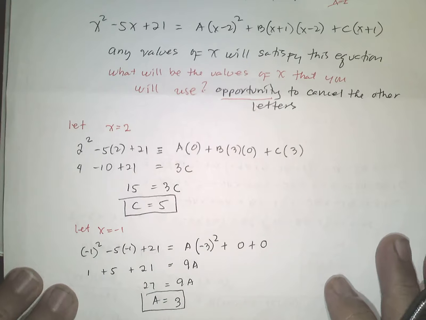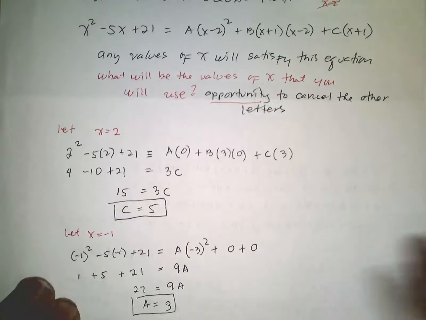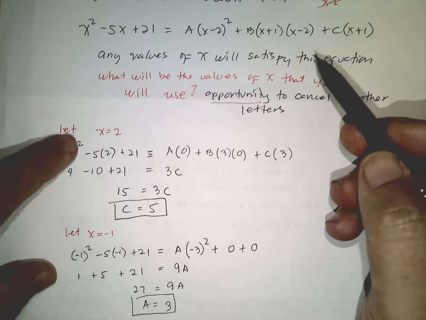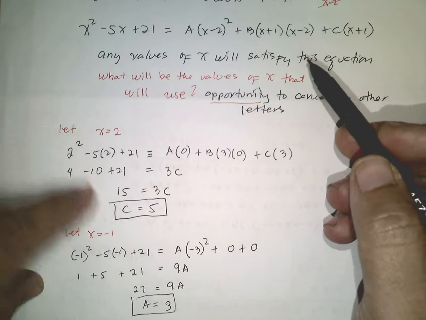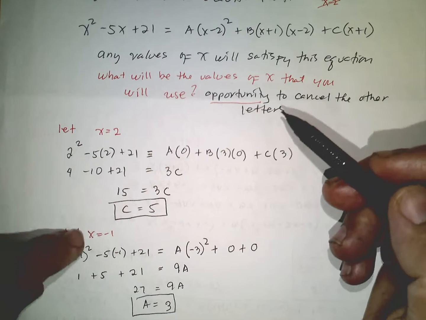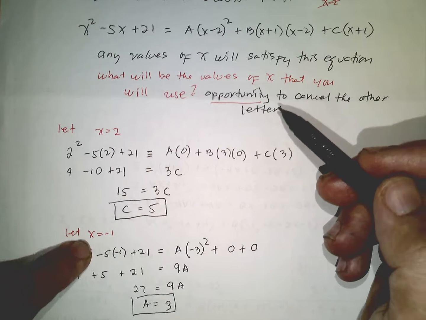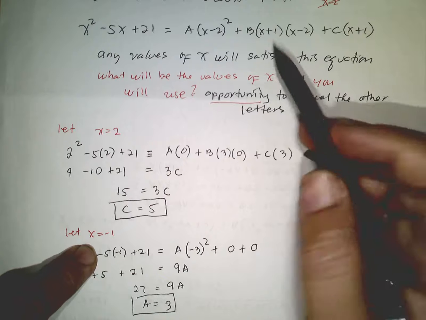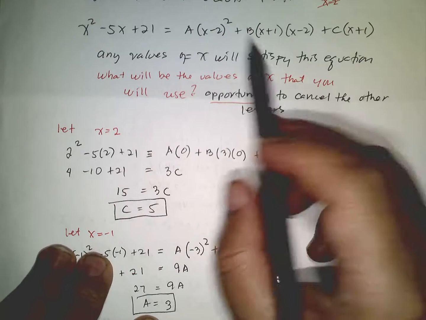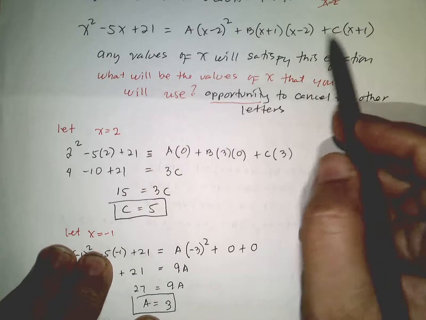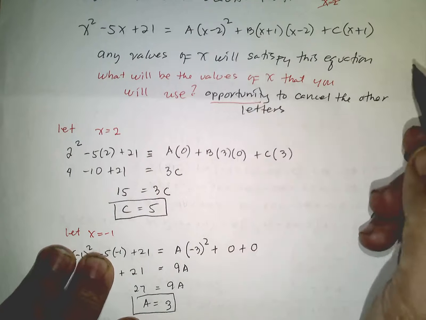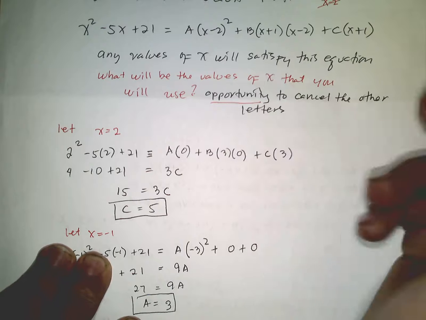Now, from here we can see that we have used 2, so we canceled a and b, we got c. We used x equals -1, we canceled the a and the b and c, and we got a. So we cannot use other numbers here that will cancel the other variables, because now we're just looking for b.